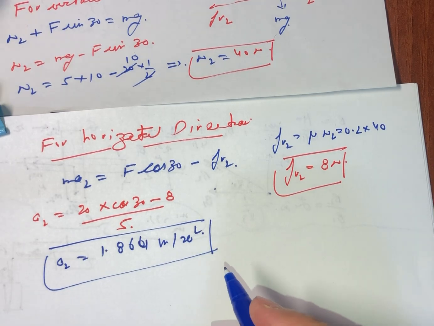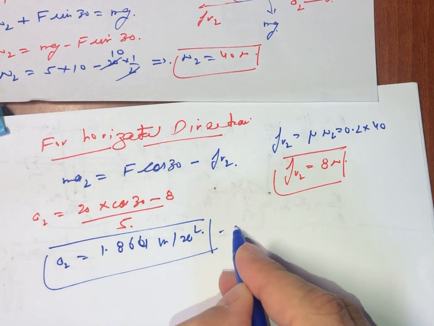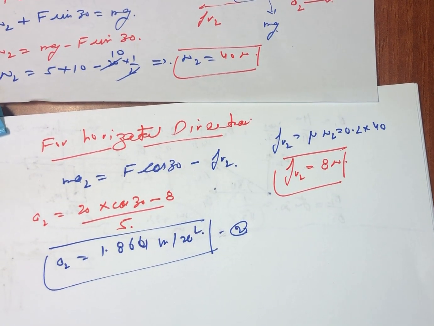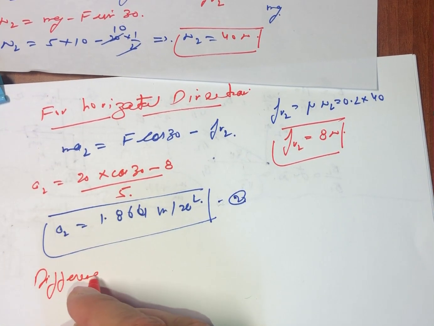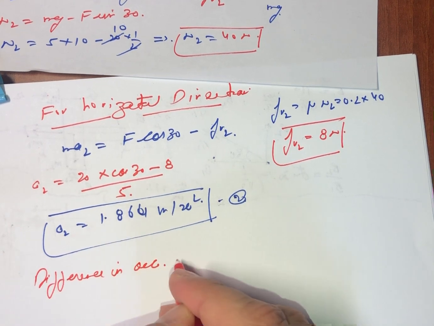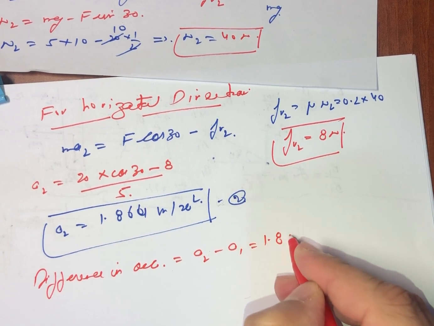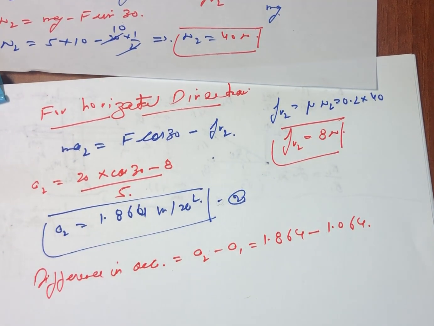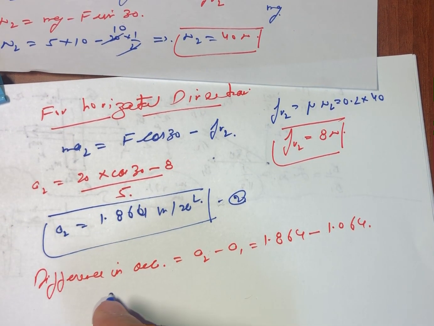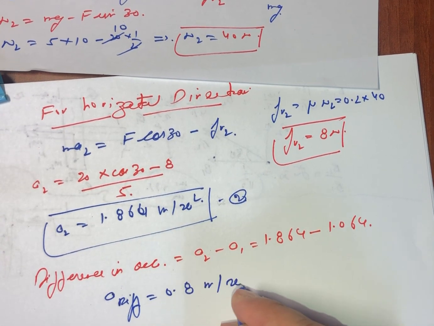Now we have two accelerations, this in the first case and this for the second case, and we have to find the difference in the acceleration. So the difference in acceleration will be equal to a2 minus a1, which is 1.864 minus 1.064. So the difference will be 0.8 meter per second square.